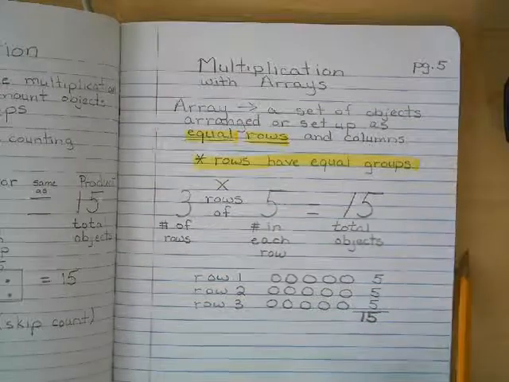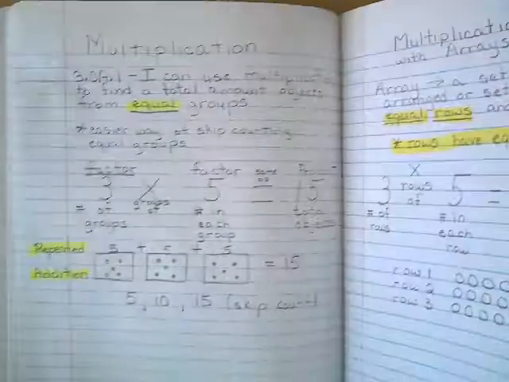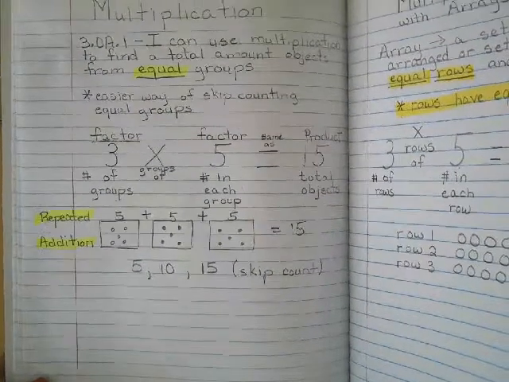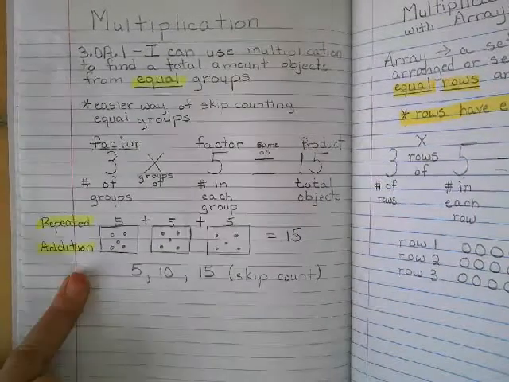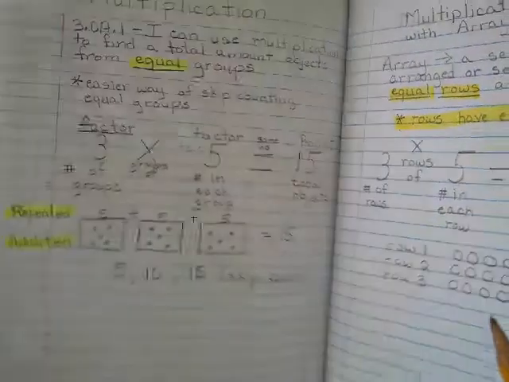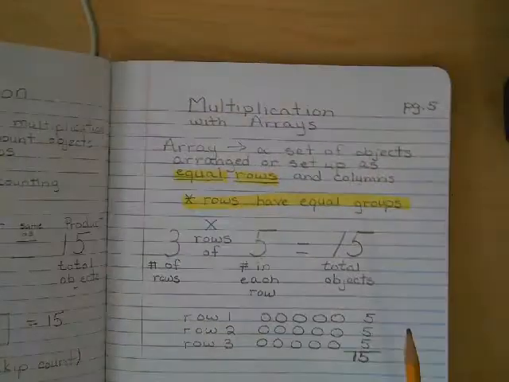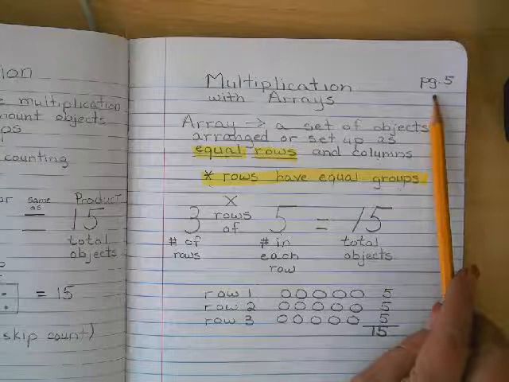Okay, so before I move on, the back of page 4 is our notes on multiplication. So this is the back of page 4. And this next page is going to be the front, which is page 5. So this is the front of page 5.